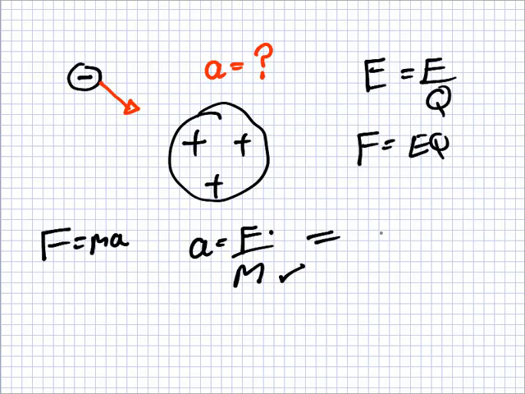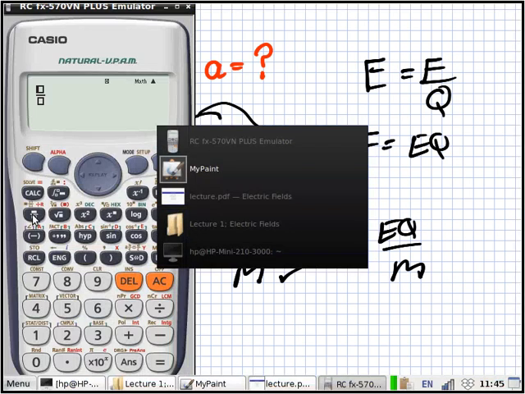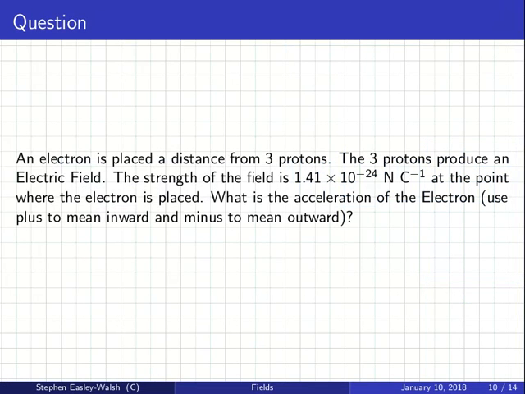So the acceleration would be EQ over M. Now, wait. This Q here, is it for the electrons or for the protons? Electrons. Good. And the M here, is it for the electron or the proton? Electron. Okay. So, taking out the old calculator, what did I say the E was? 1.4 times 10.